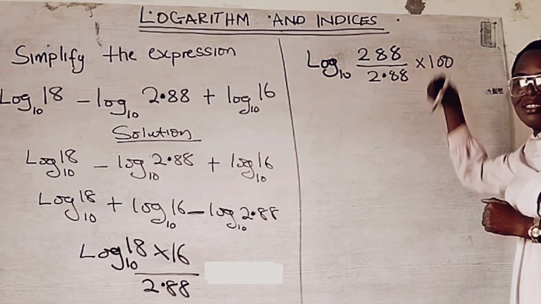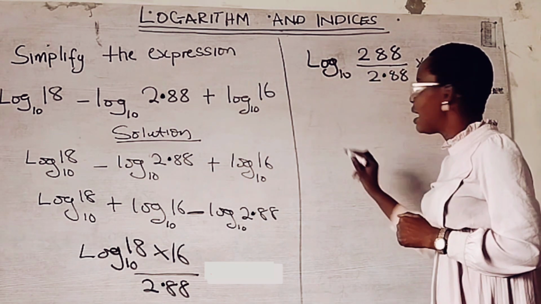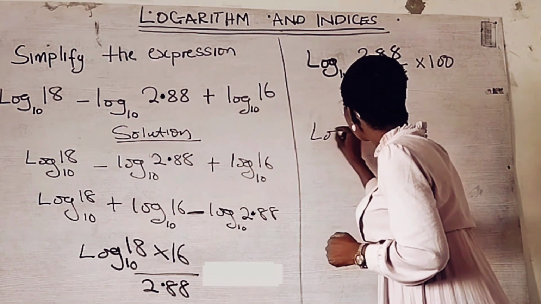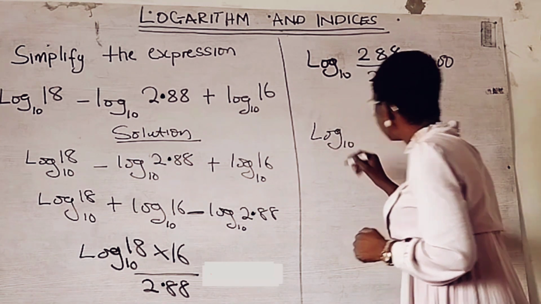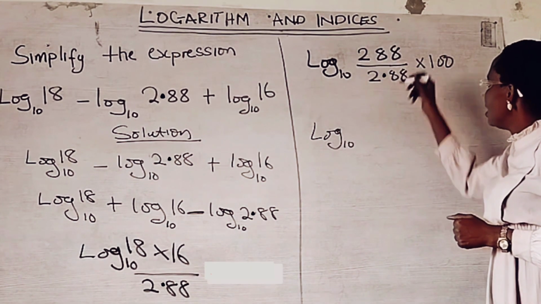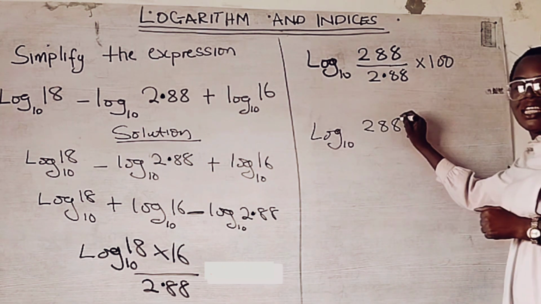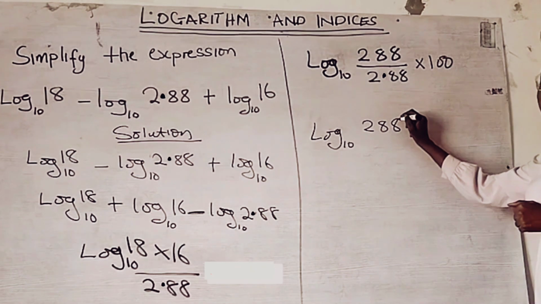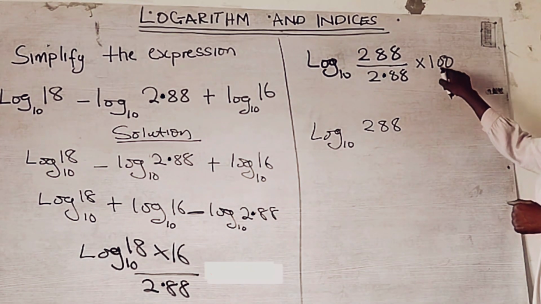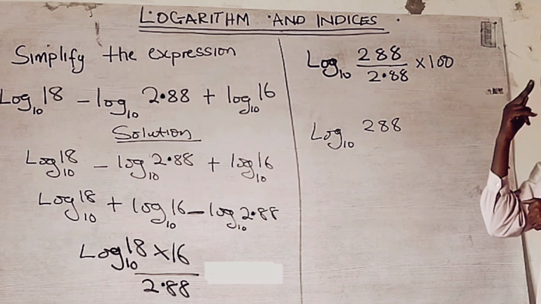Let me first of all write our log, log 10. Okay? I'll carry 288 down. Watch out for the multiplication. I will say, how many zeros are in 100? 2 zeros.